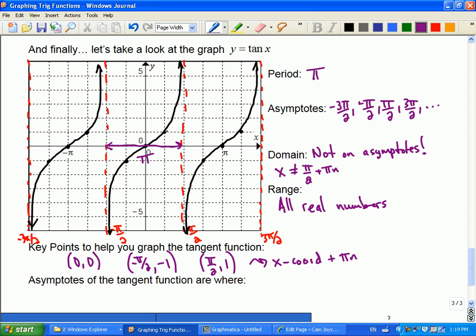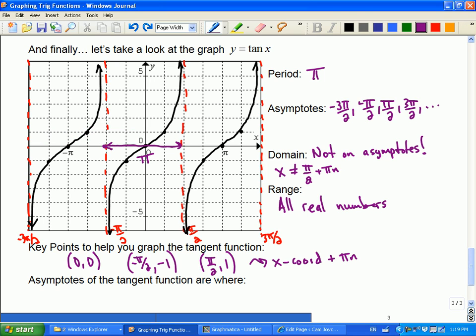So for example, if you just remember those three, and if I wanted, where does this one show up the next time? Well, go pi units backwards, and you'll end up at that point. Go pi units backwards. So you follow the same pattern, it's just that you're moving the graph over by pi each time. That's the period of the graph.